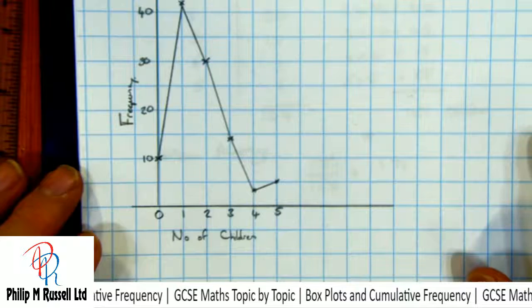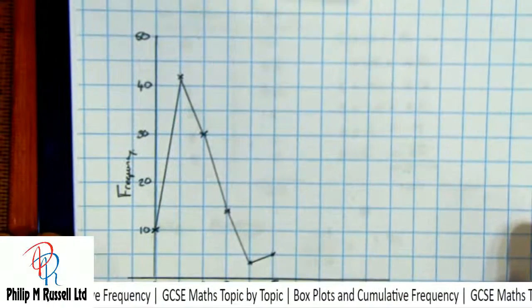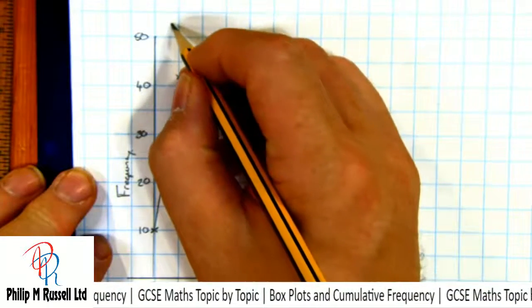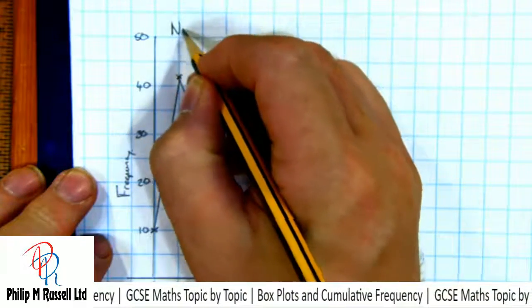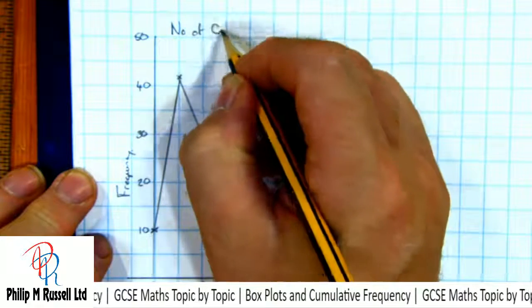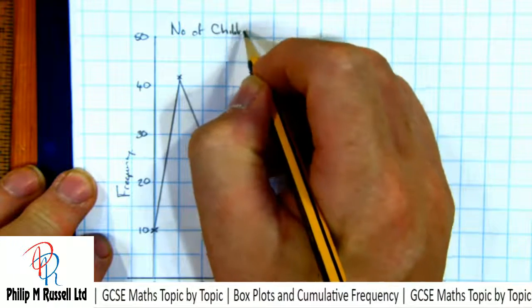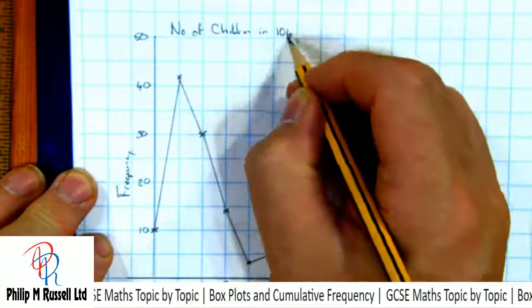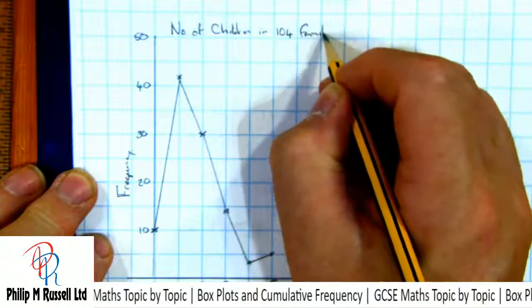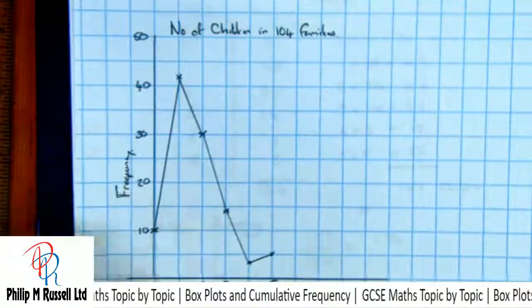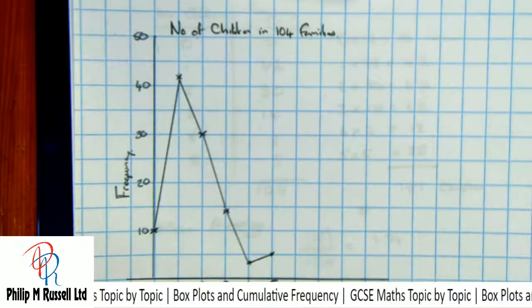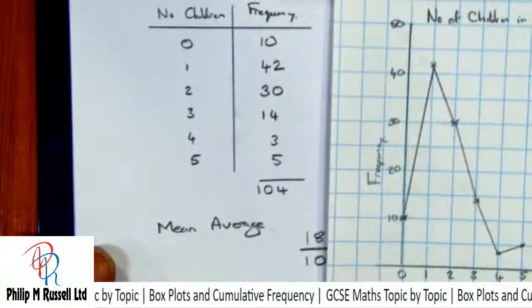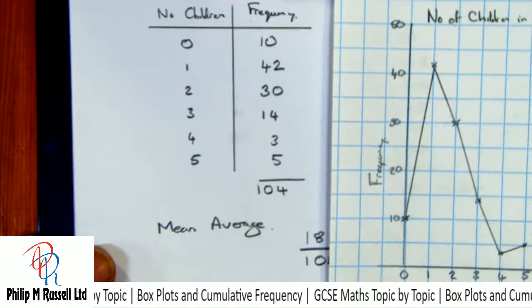And then I ought to give this whole graph a title: Number of children in 104 families, and that represents some sort of graph of that data.